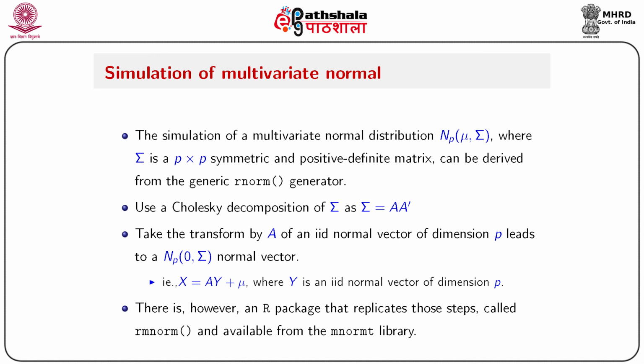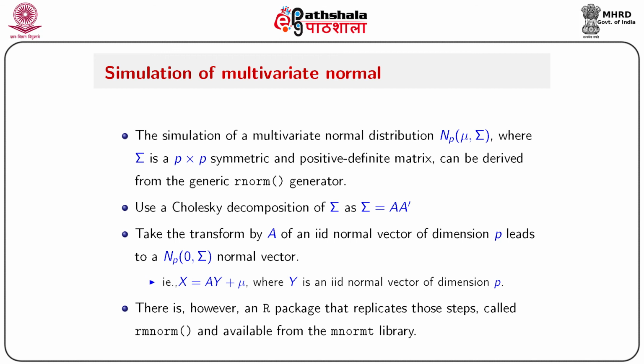For that you have to use the Cholesky decomposition of sigma as sigma equals A prime A. Taking the transform by A of an IID normal vector of dimension P leads to a normal 0 sigma vector. That is, X equals A Y plus mu, where Y is an IID normal vector of dimension P.